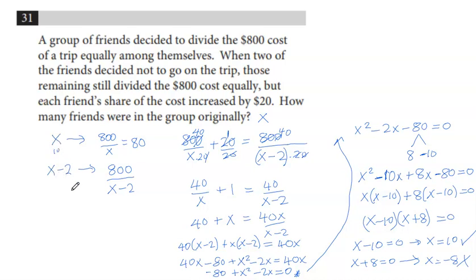So let me put 10 here. This has reduced to 8, right? So if the 8 individuals are going to divide the $800, then each one was going to pay what? $100. This is perfect. You see the difference, right? The difference is what? 20. All right?